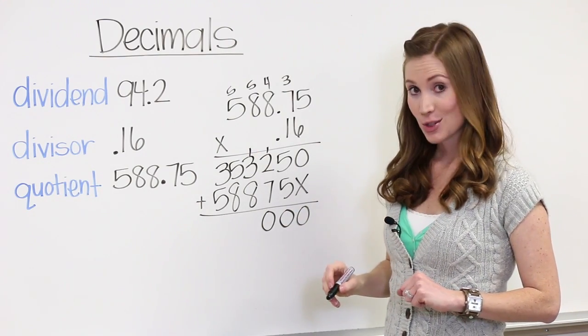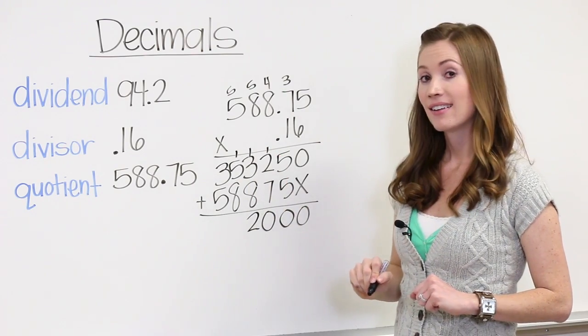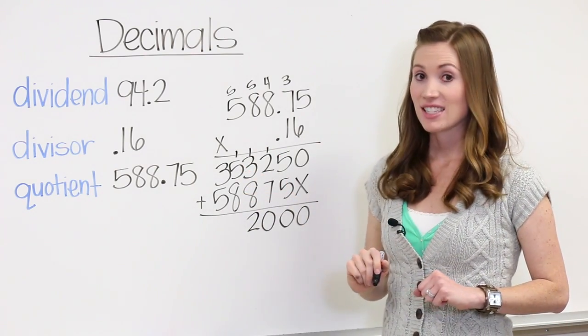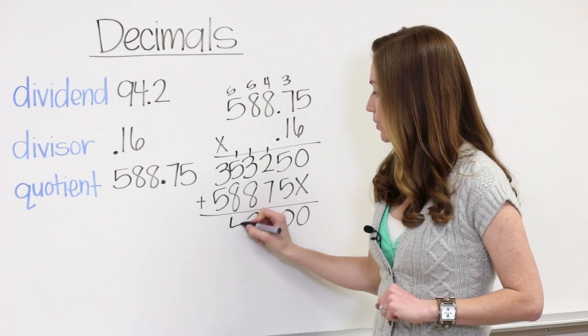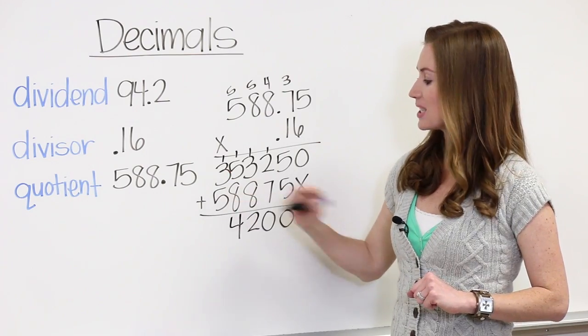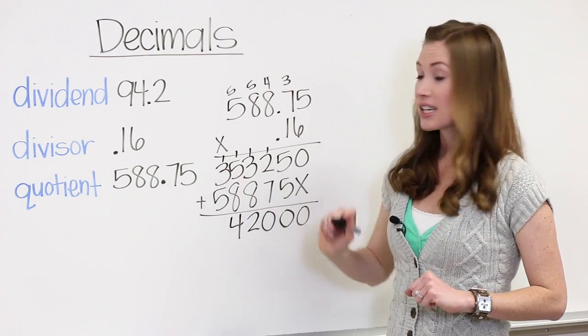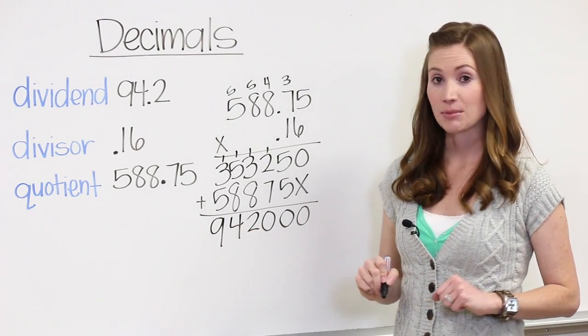Plus 1 is 12. Write the 2, carry the 1. 5 plus 8 is 13. Plus 1 is 14. Write the 4, carry the 1. 3 plus 5 is 8. Plus 1 is 9. Now let's account for our decimal.